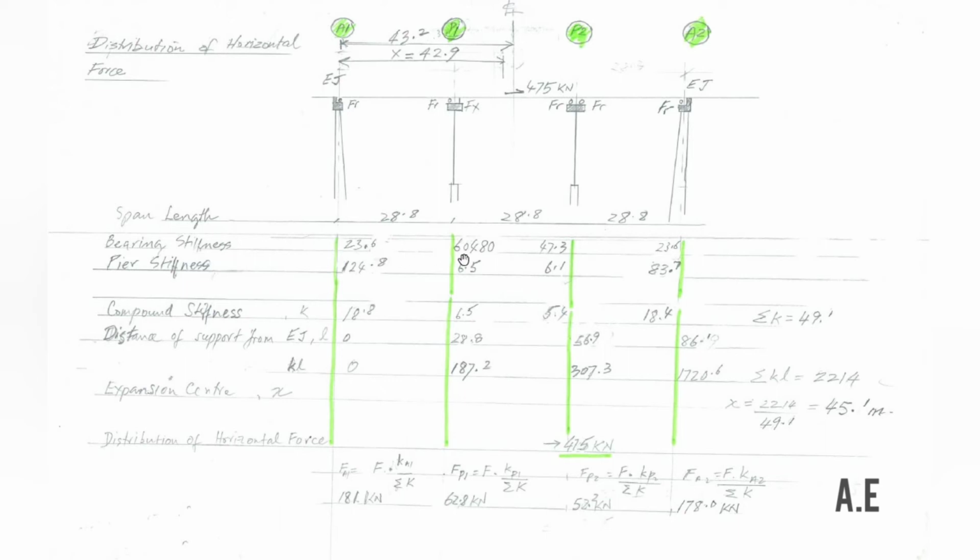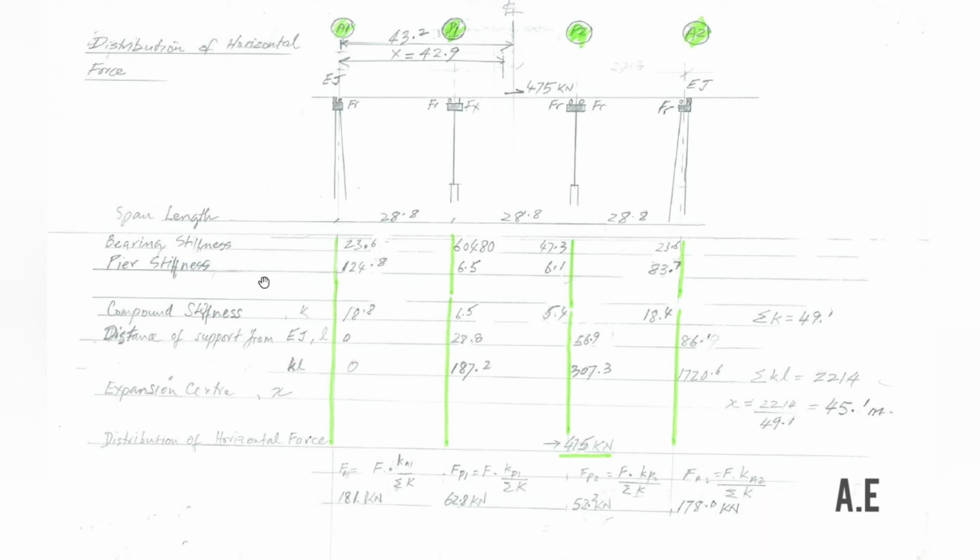Pier P1 has a bearing stiffness of 60,480. Pier P2 has a bearing stiffness of 47.3, and abutment A2 has a bearing stiffness of 23.6.